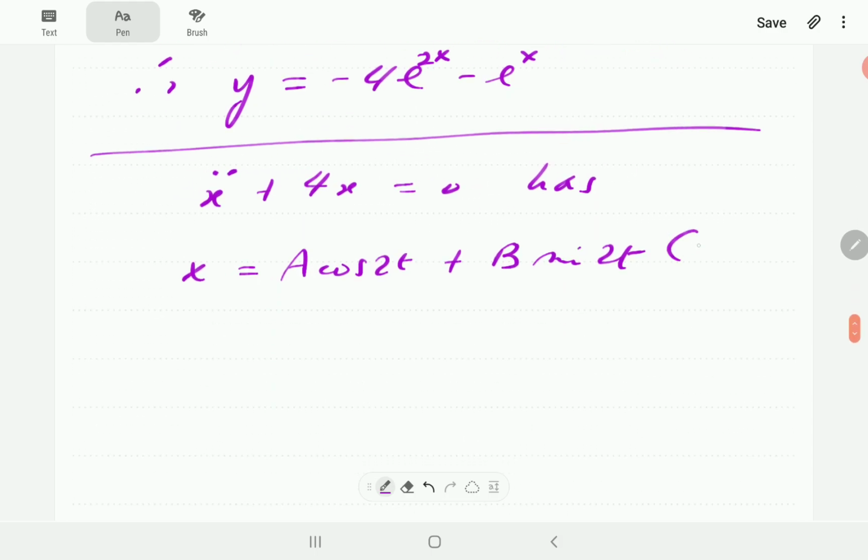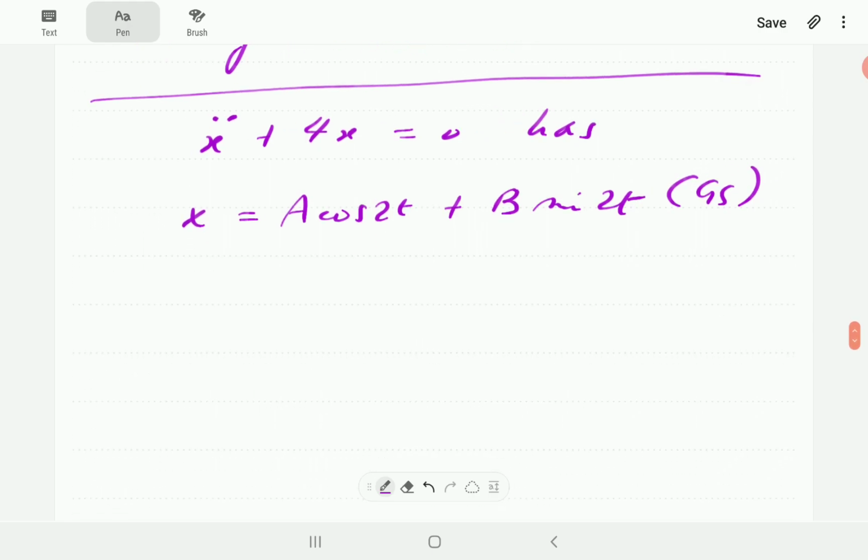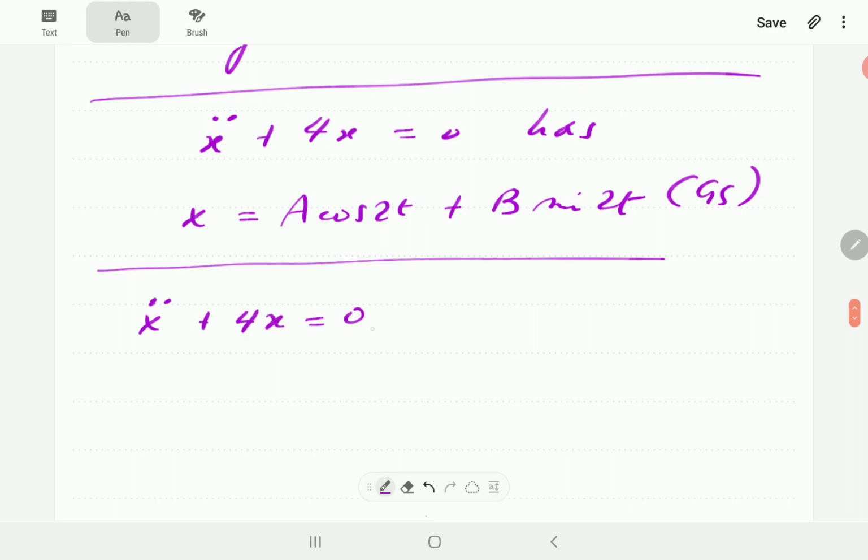So this one is our general solution, where a and b are arbitrary constants. We could find a particular solution if we specify conditions. There have got to be two conditions because we've got two unknowns.